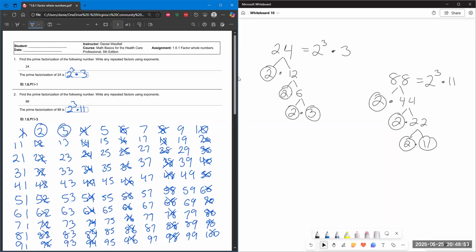So 6, and then 6 plus 3 is 9, plus 3 is 12, 15, 18, 21, 24, 27, 30, 33, 36, 39, 42, 45, 48, 51, 54, 57, 60, 63, 66, 69, 72, 75, 78, 81, 84, 87, 90, 93, 96, 99.